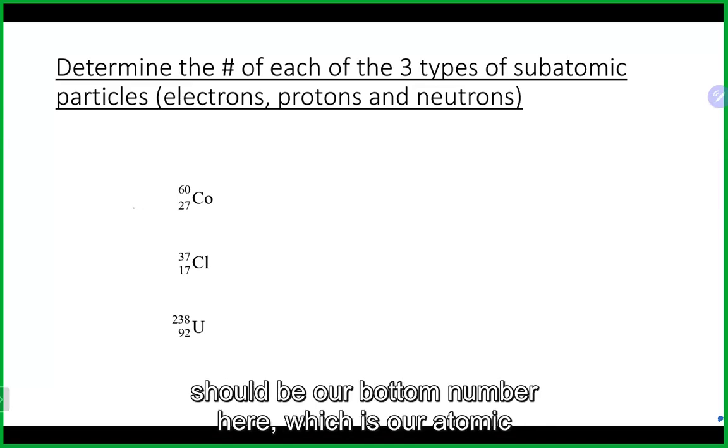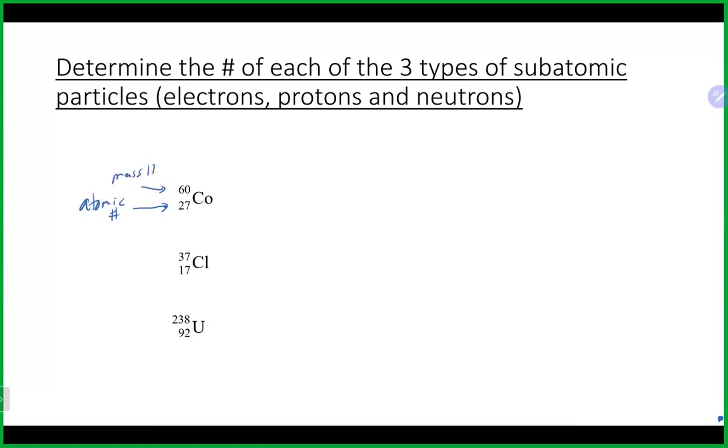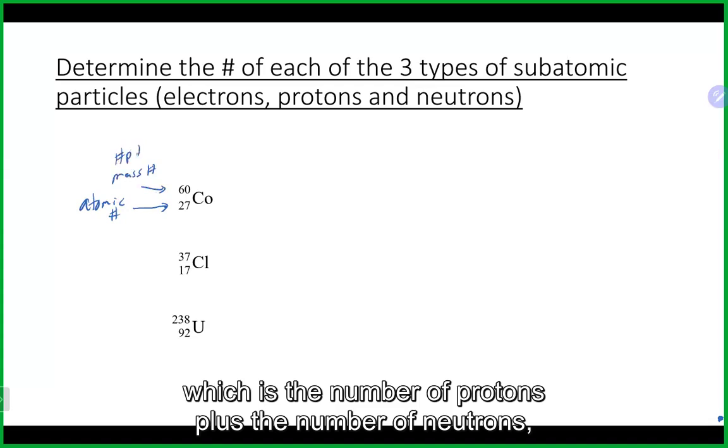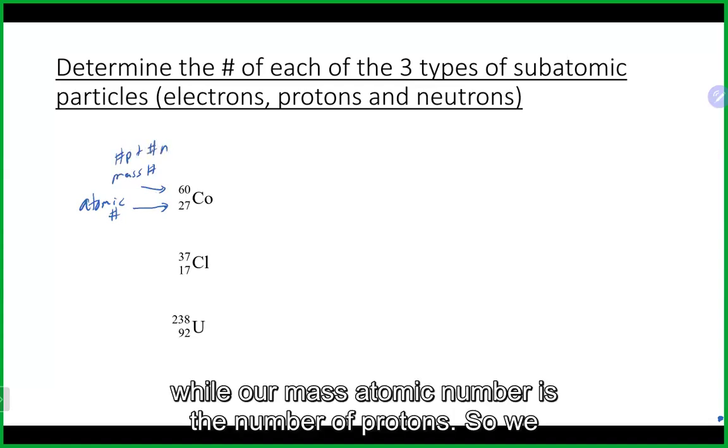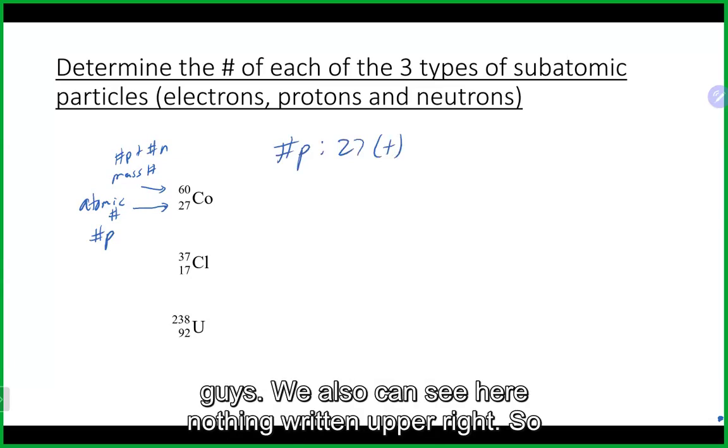That again should be our bottom number here, which is our atomic number. And once again, our top number would be our mass number, which is the number of protons plus the number of neutrons, while our atomic number is the number of protons.